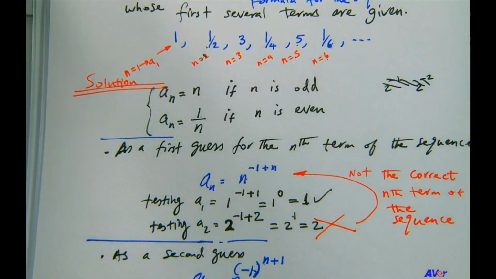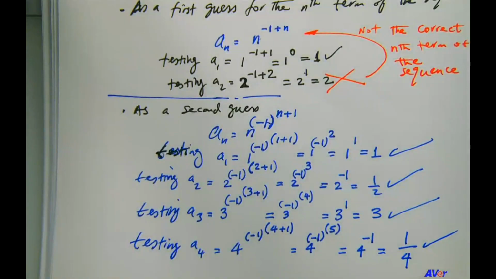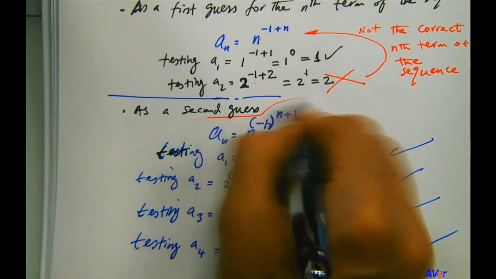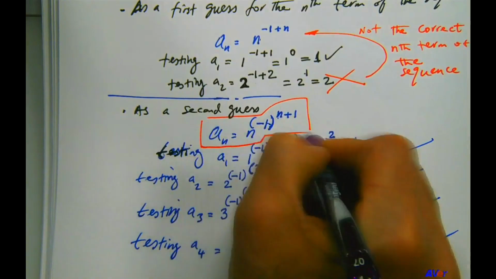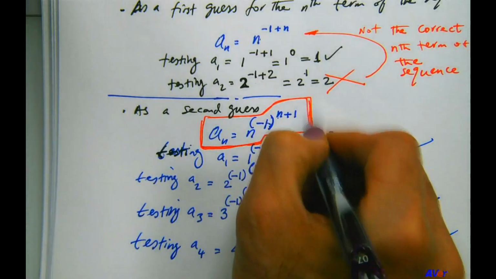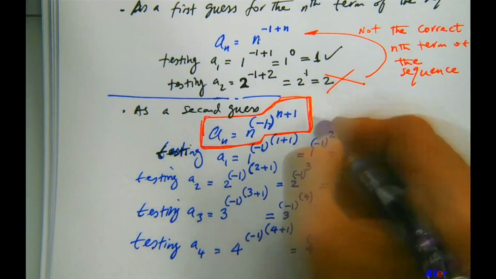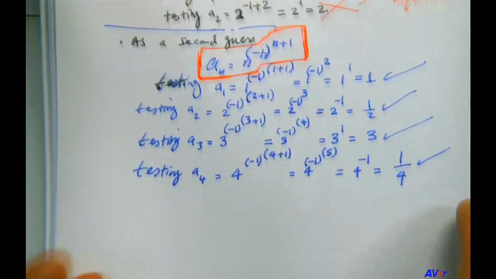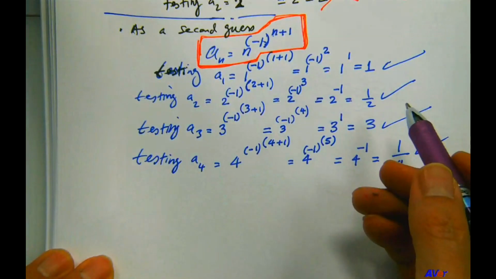So this definitely looks like the nth term of the sequence we were looking for. So I'm going to box this. If you remember that I said we need to check with all the terms that we are given, you're absolutely right. But I want to leave it up to you guys.